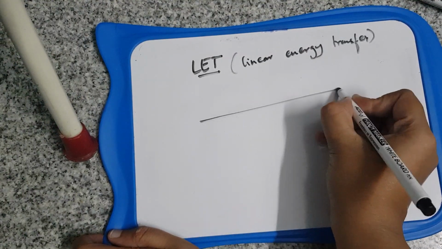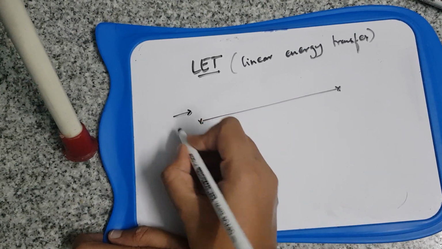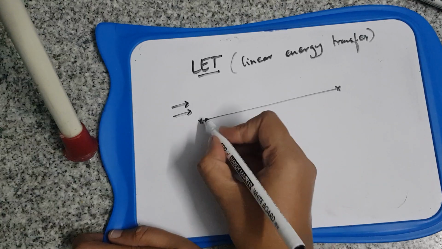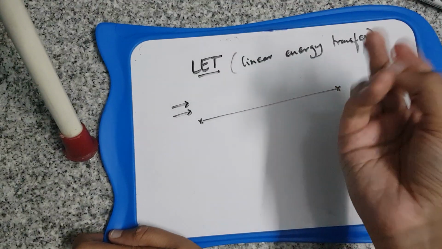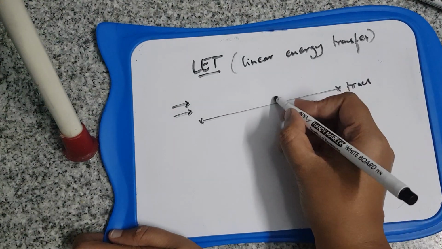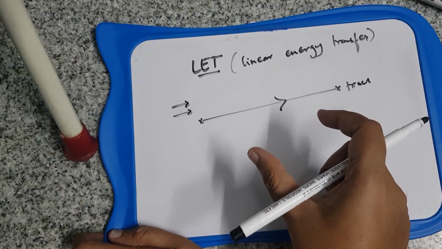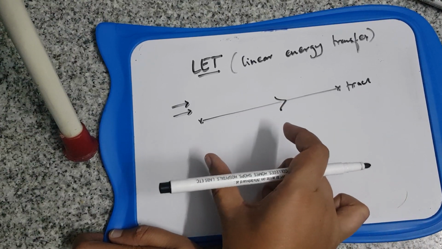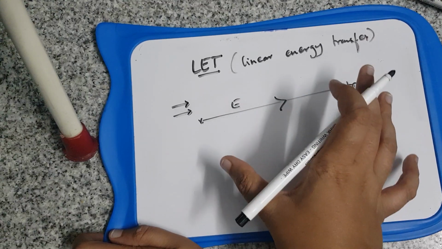So for example, if this is the track and you are giving X-rays or neutrons, over 1 unit length of track, how much energy is being deposited, that is linear energy transfer.